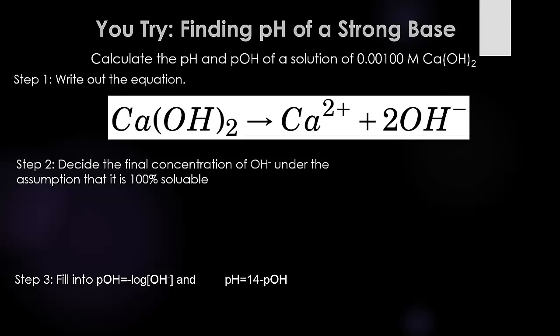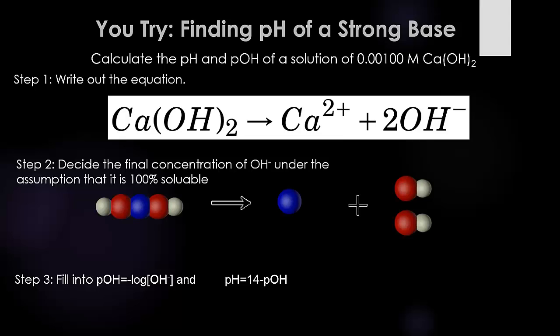Since we started with 0.001 molar of the Ca(OH)2, when it breaks up, there will be 0.001 molar of the calcium cation, which we won't be doing anything with. But when we look at the OH-, we need to consider that for every calcium hydroxide, there are 2 hydroxides. This means that we have 0.00200 molar hydroxide, not simply the 0.001.